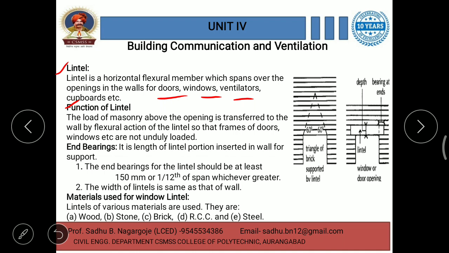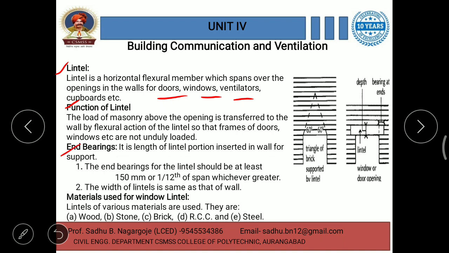Okay, that means the load from the upper side of wall does not come directly on the frame of the door or window. It is necessary to transfer it to both the sides, and that is done with the help of the lintel.